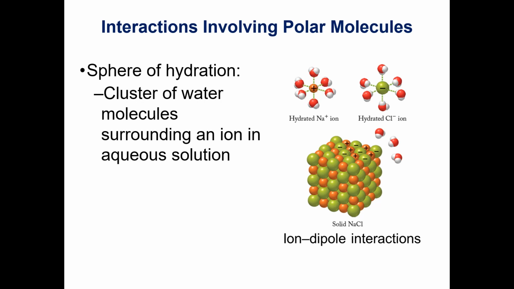And the same thing happens with the positive ends of the water molecule clustering around the chlorine ions. So we get this sphere of hydration around both the sodium and the chlorine ions, where water molecules cluster around these ions and surround them with an aqueous solution.